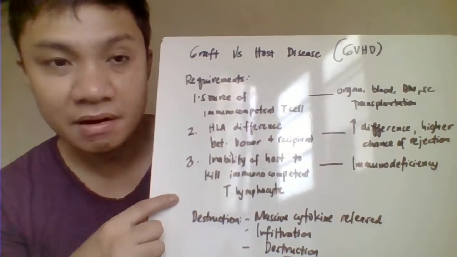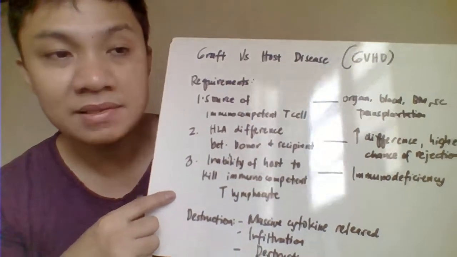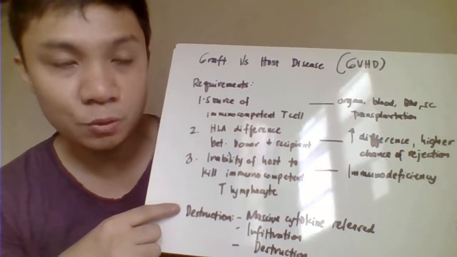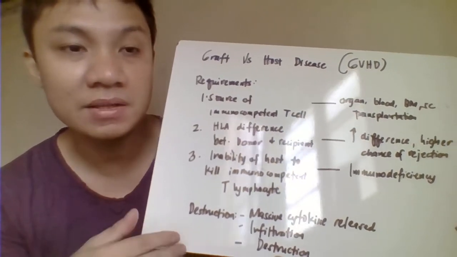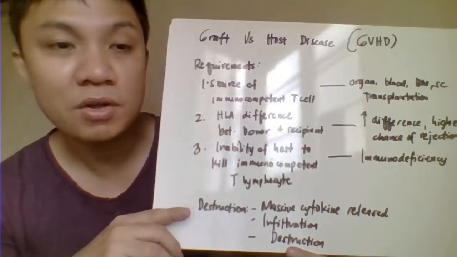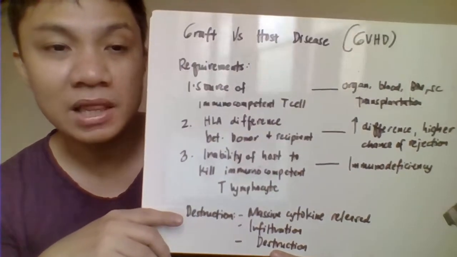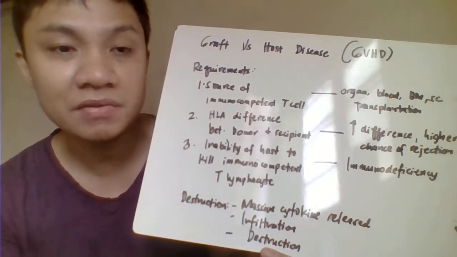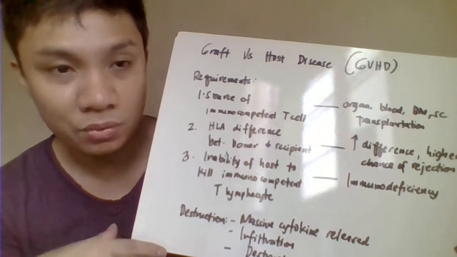What happens in graft versus host disease is that once the tissues or organ has been introduced to the host, the host will not be able to recognize it as a foreign antigen. It's because the host is immunodeficient or immunocompromised, and therefore it will not mount a harmful immune response, but we just let the immunocompetent T lymphocytes proliferate in the body of the host.